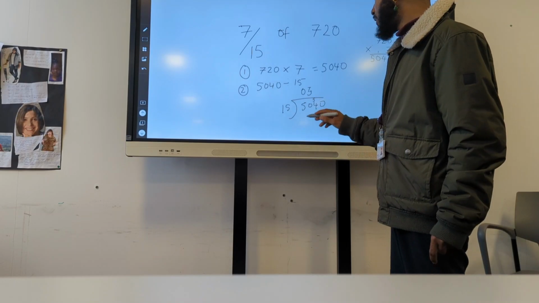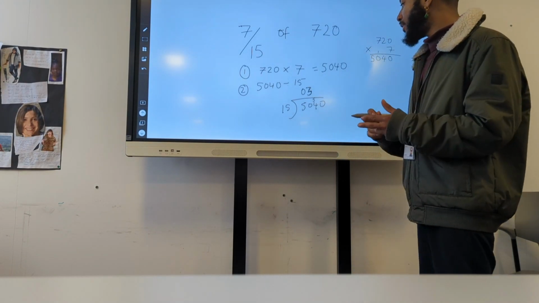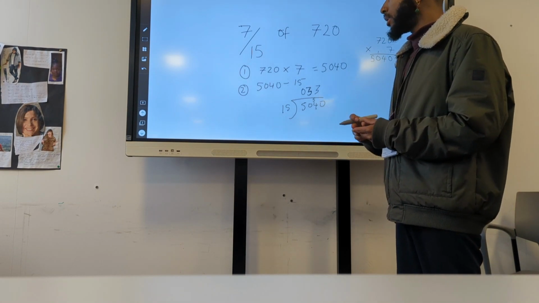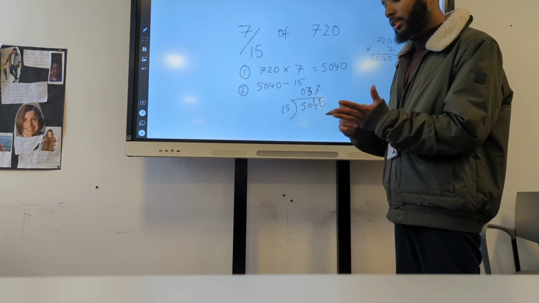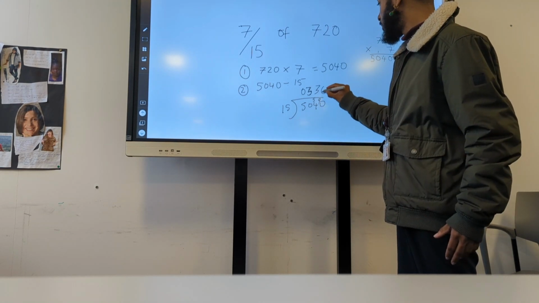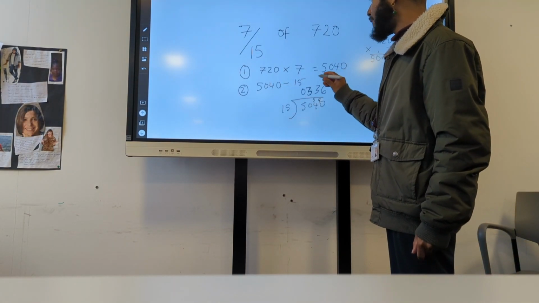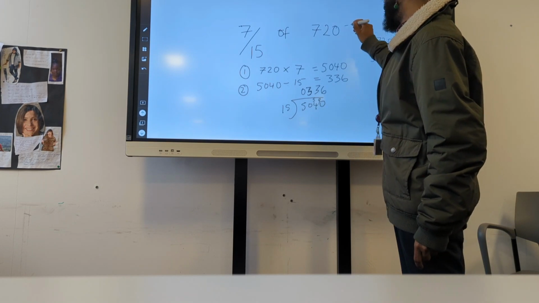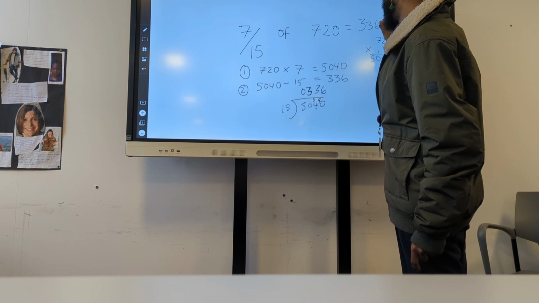Remainder of 5. 15 into 54, 15, 30, 45, that's 3 again. Remainder of 9. 15 into 90, 15, 30, 45, 60, 75, 90, 6. So you can calculate this as well. 5,040 divided by 15 equals 336. So therefore 7/15 of 720 is 336.